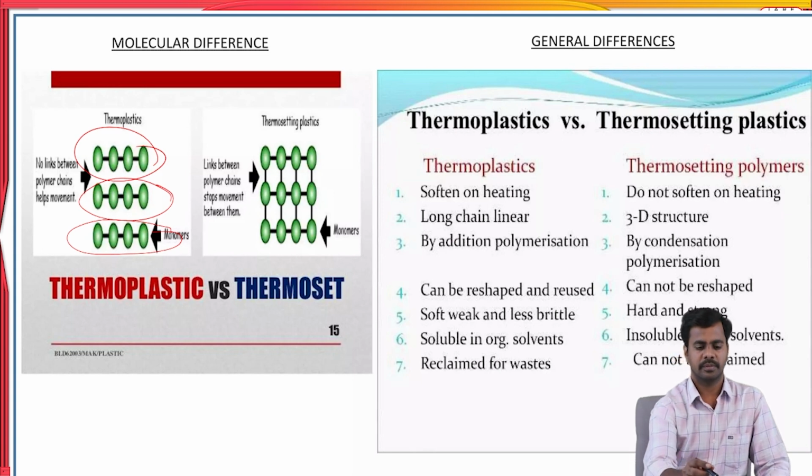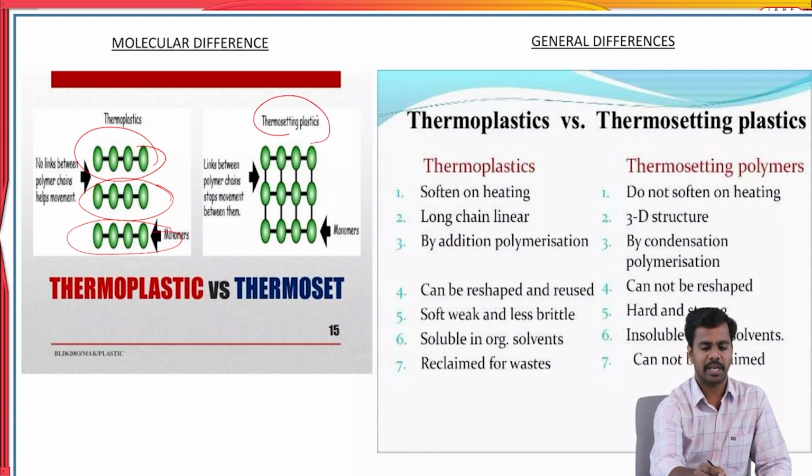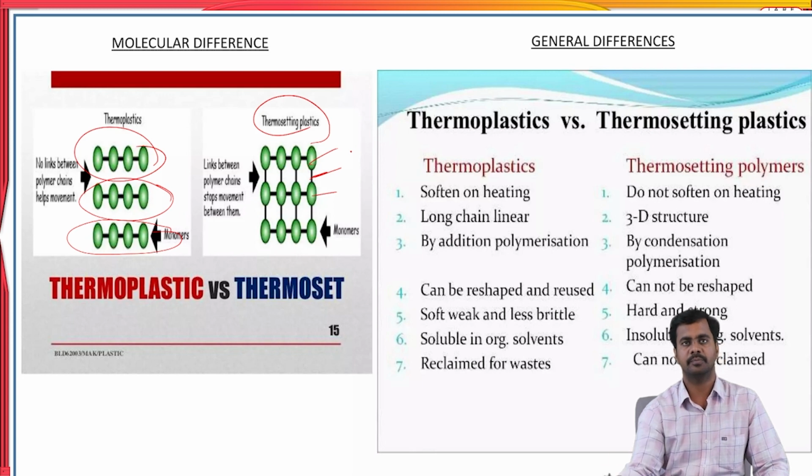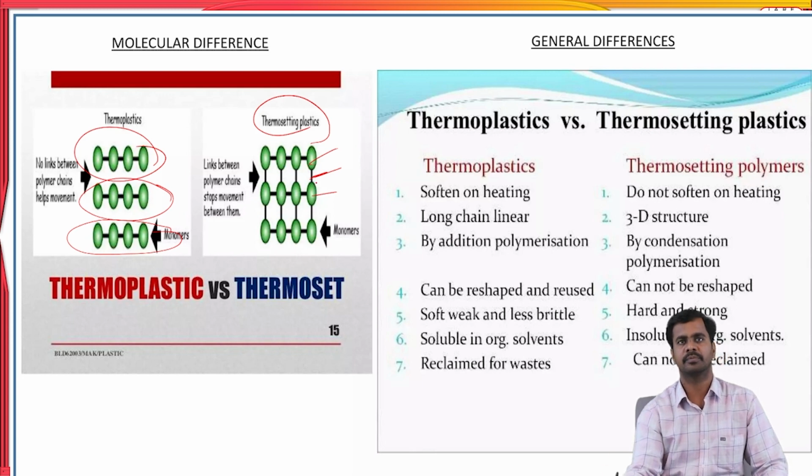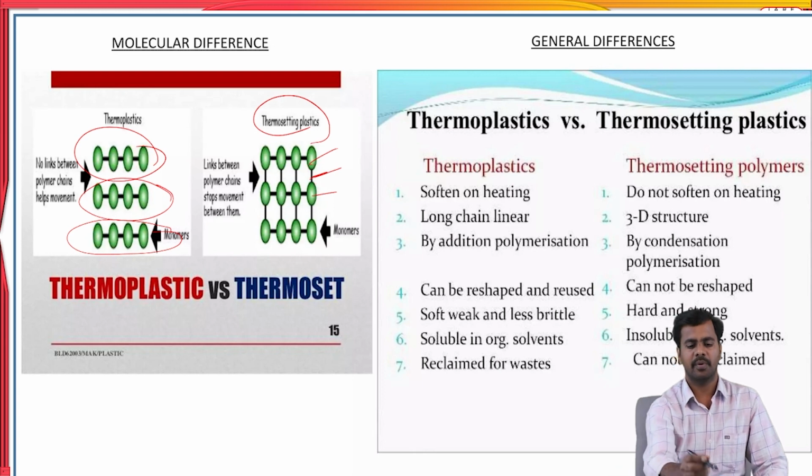Whereas in case of thermosetting plastics, some cross linkages are found between the monomeric units. So these are the cross linkages. Due to the formation of these cross linkages, it will become hard.